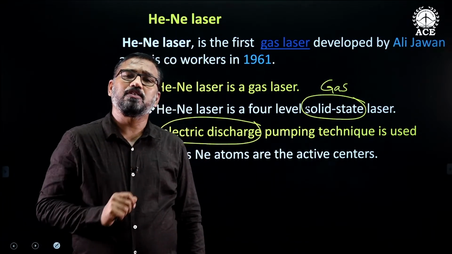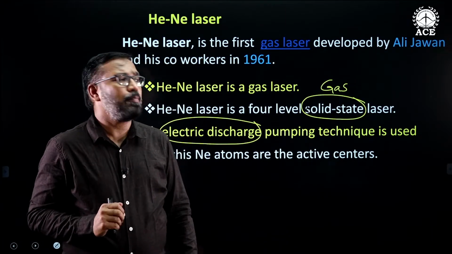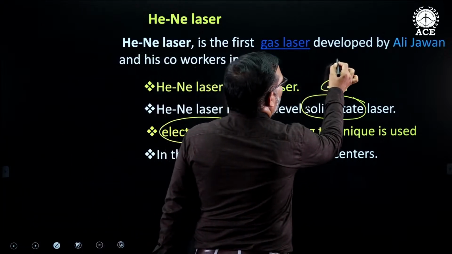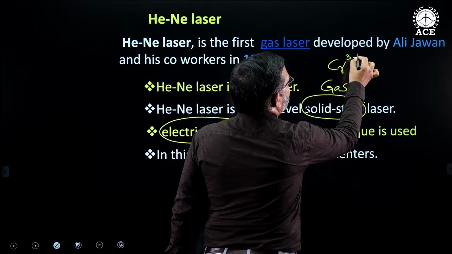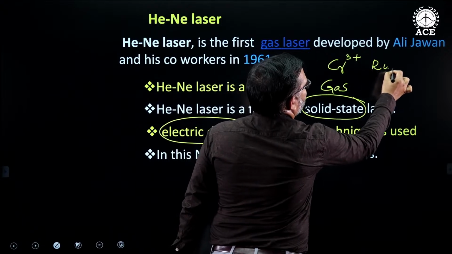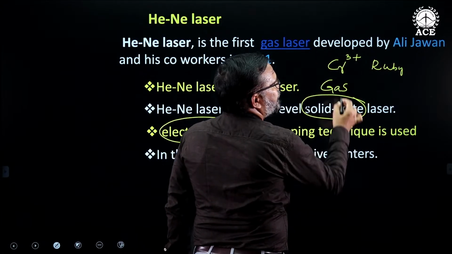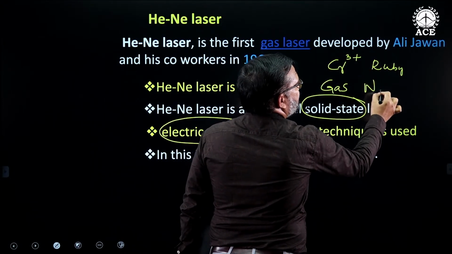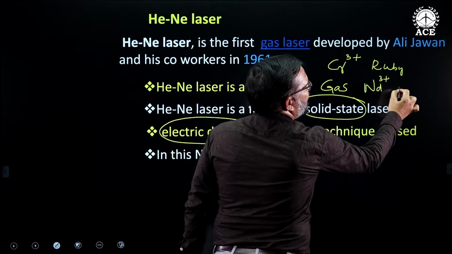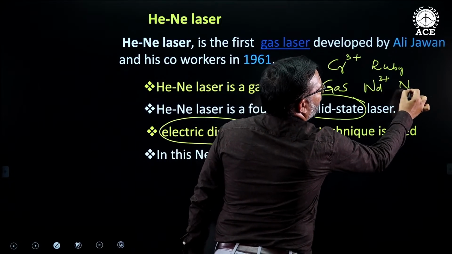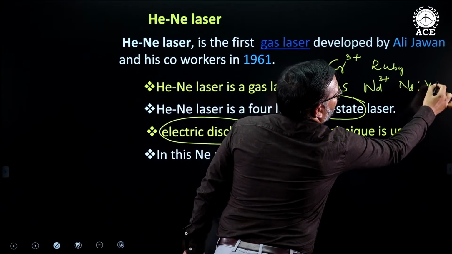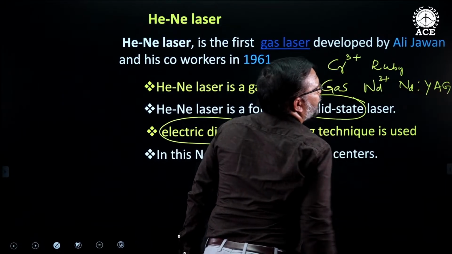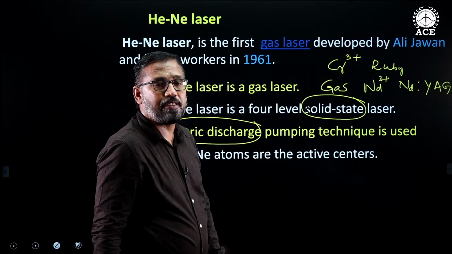In ruby laser, who are the active centers? Chromium plus 3 ions. Next, in Nd:YAG laser, Nd plus 3 ions. Now here, who are the active centers?